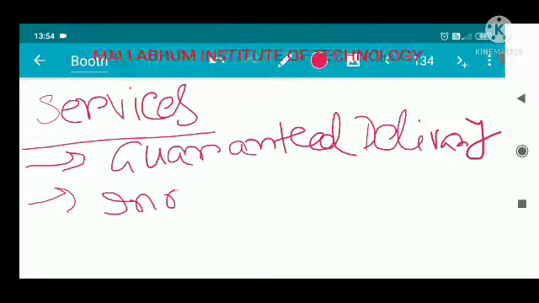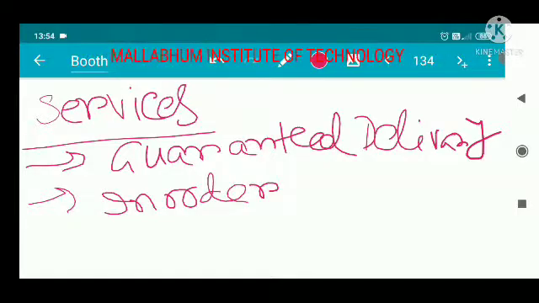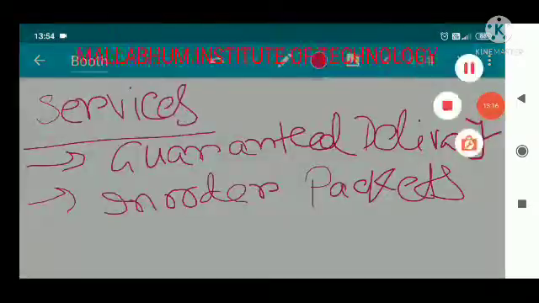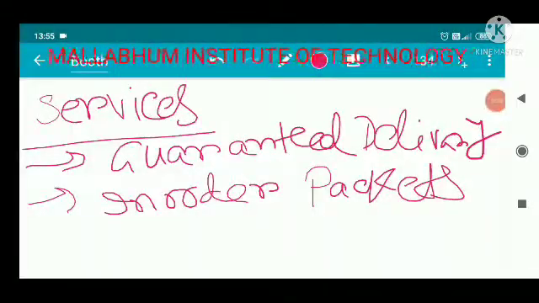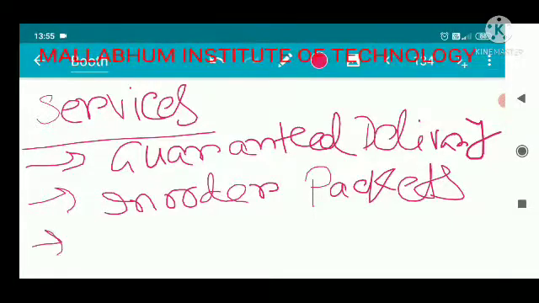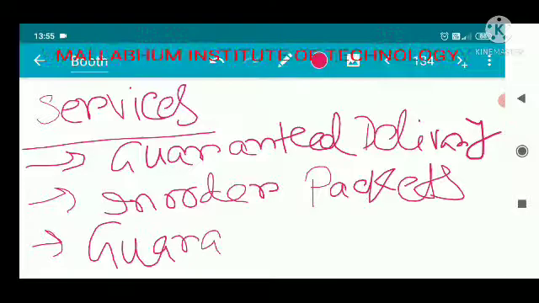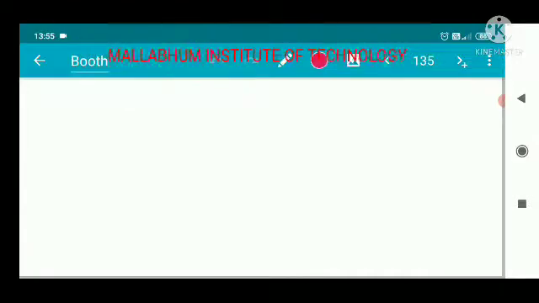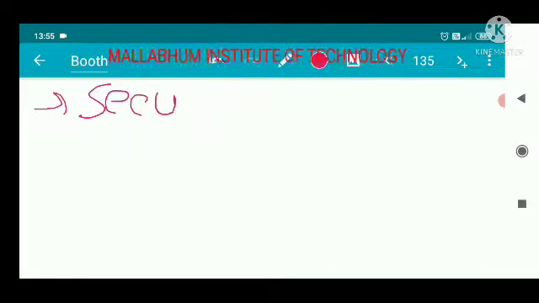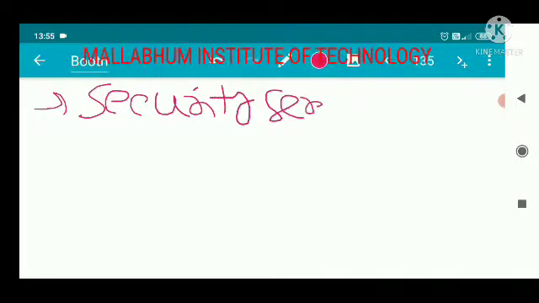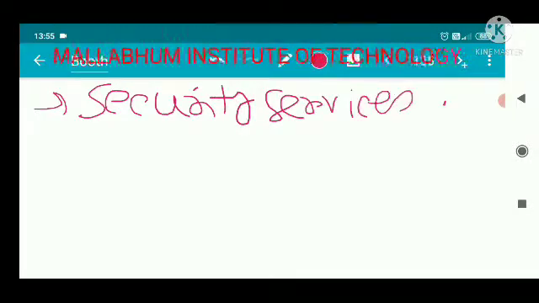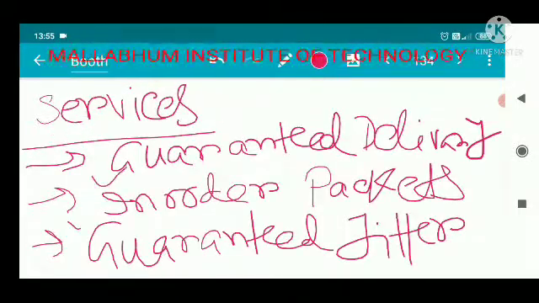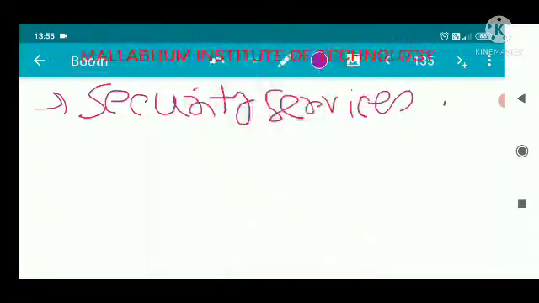Second is in-order packets. Third is guaranteed max jitter, and then security services. And one more thing, in between these services, is called fragmentation.